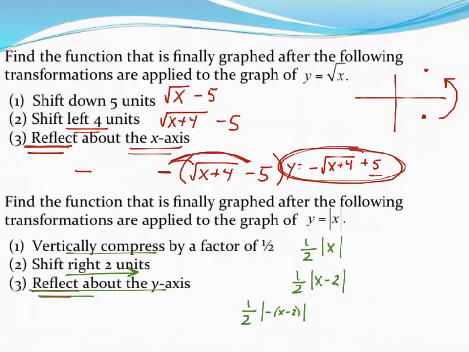So I need to, again, distribute that negative to everything inside to perform a reflection over the y-axis. So my final answer, once I do that, may look like this: 1/2 times the absolute value of negative x plus 2. And then once again, I'll throw my f of x or y equals in front, and there we have our transformed equation.